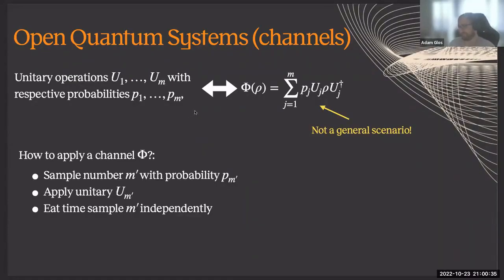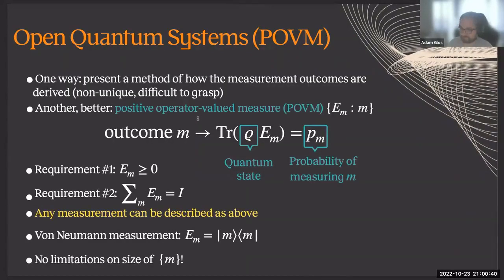And finally, we are coming to the most interesting part for this presentation, which is about the measurement. In Wilde's book about quantum information theory, there's a beautiful explanation of how we can derive this formulation of POVM.